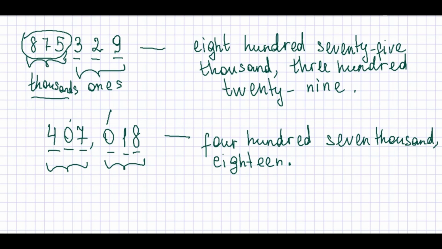This 0 and this 0. They are called placeholders. What does placeholders mean? Placeholder means you cannot skip that place. Like when we say 407,018, we cannot write 407 and 18. No.